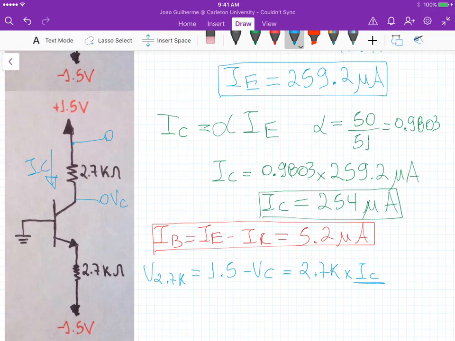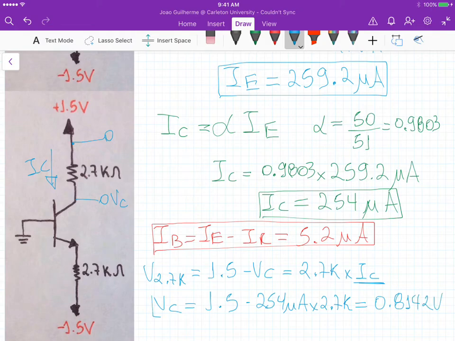We just need to define VC. So VC is equal to 1.5 minus 254 microamps times 2.7K, which is equal to 0.8142 volts. So all 6 quantities are defined for this circuit.